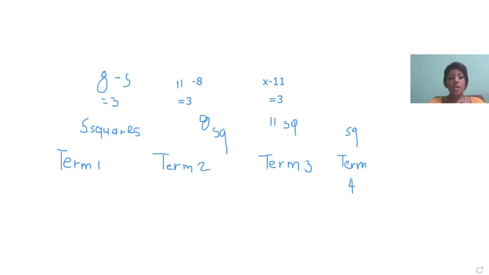So the answer is 14, because 14 minus 11 equals 3. So there are going to be 14 SQs, or 14 squares, in term 4. I'm going to put here the confirmation that 14 minus 3 equals 11. Great. Let's go back to our questions.